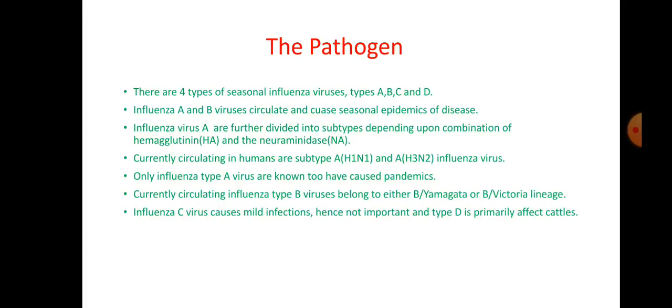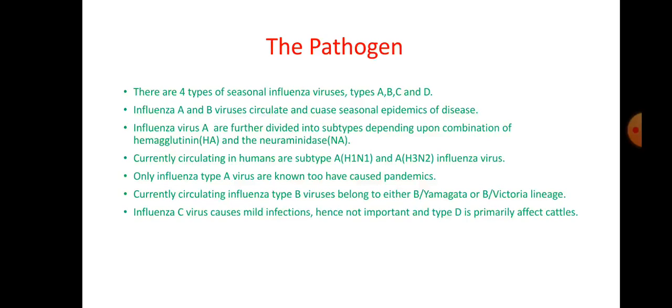Influenza A viruses are further divided into subtypes depending upon the combination of hemagglutinin and neuraminidase, NA. Currently circulating in humans are the subtypes A H1N1 and A H3N2 influenza virus. Influenza virus type A is known to have caused pandemics.